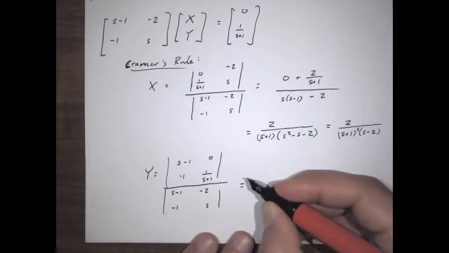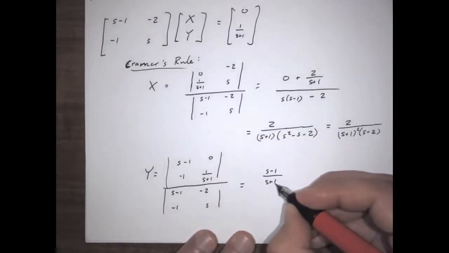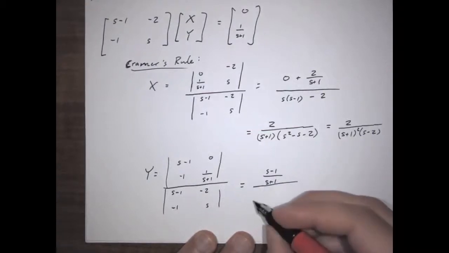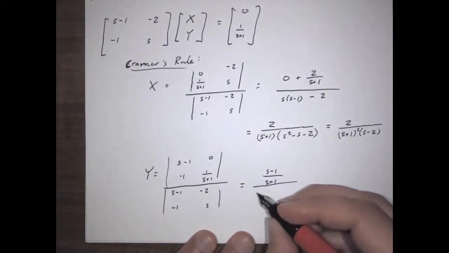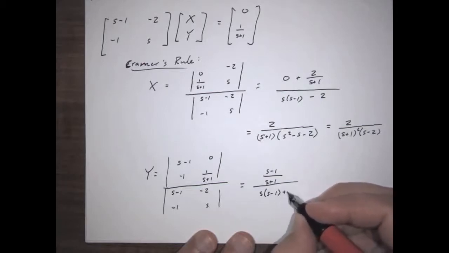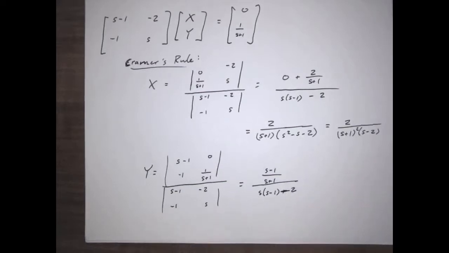So it's going to now be s minus 1 over s plus 1 divided by, and it's going to be the same thing, s times s minus 1, minus 2, minus negative 2 times negative 1.